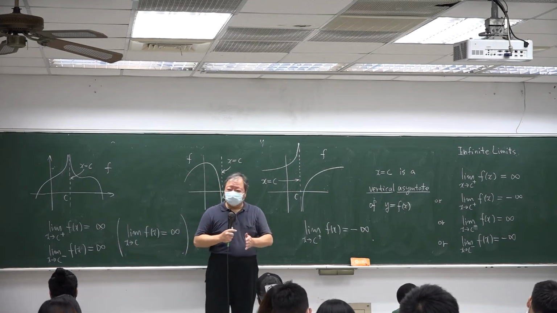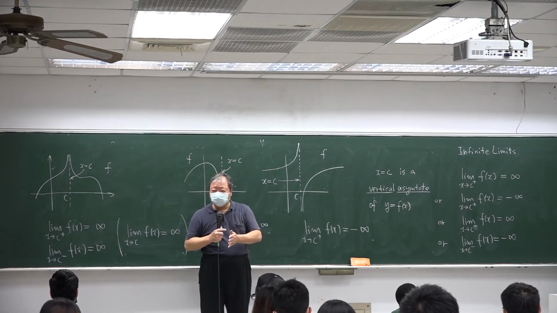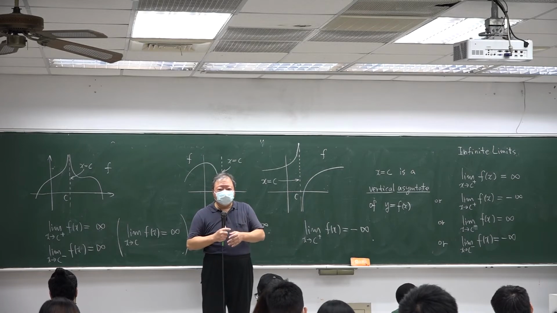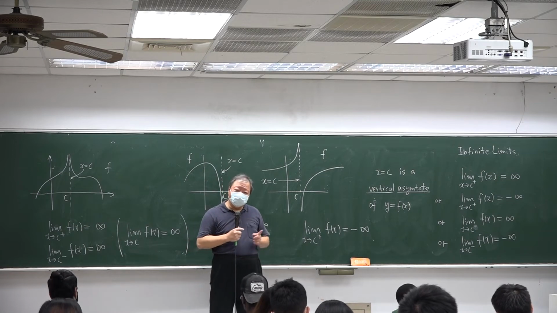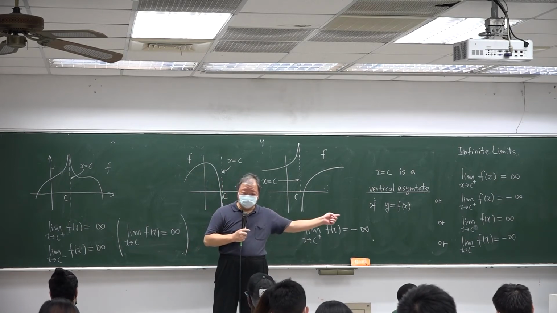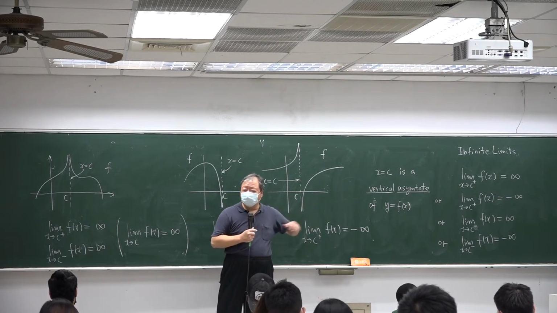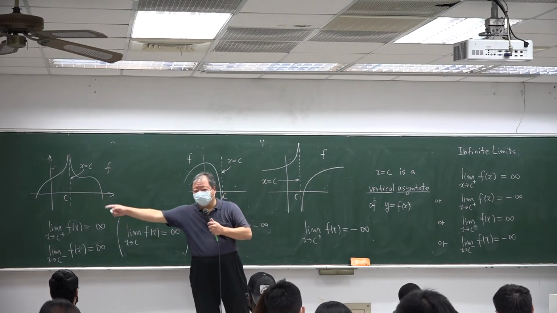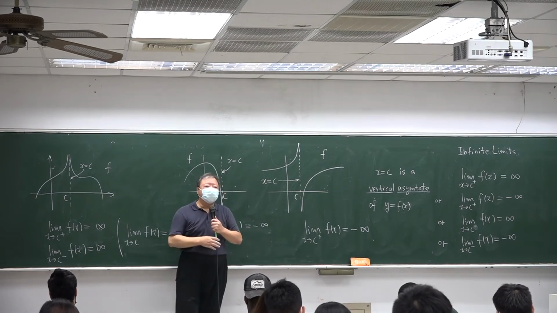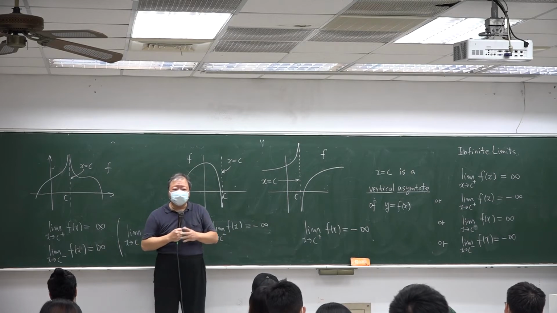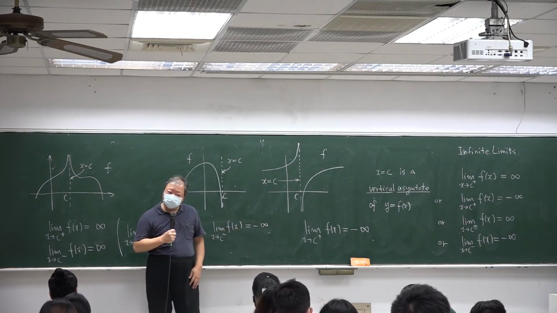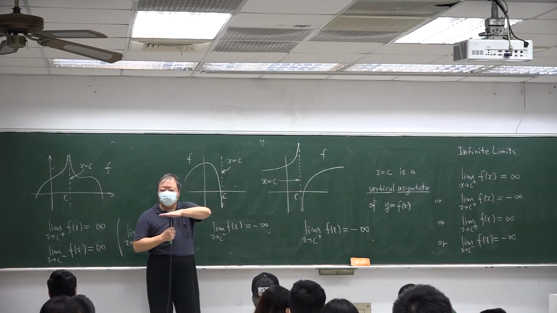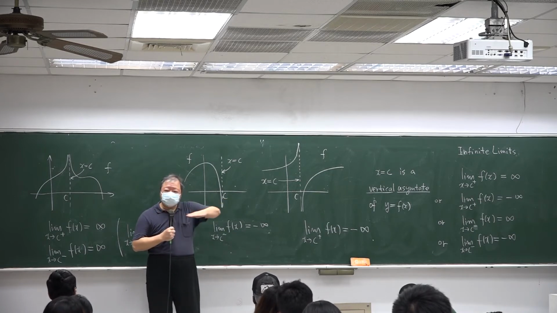Also, we allow this point to be far away from the origin. This is a limit at infinity. Maybe positive infinity, maybe negative infinity. If a limit at infinity exists, then there must correspond a horizontal asymptote.